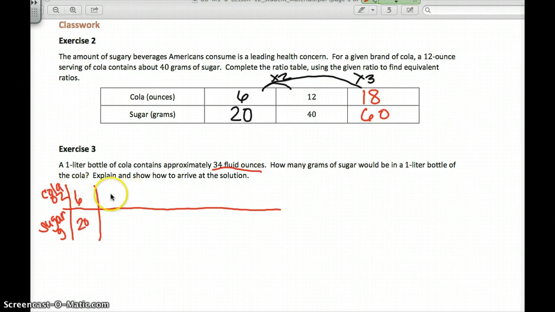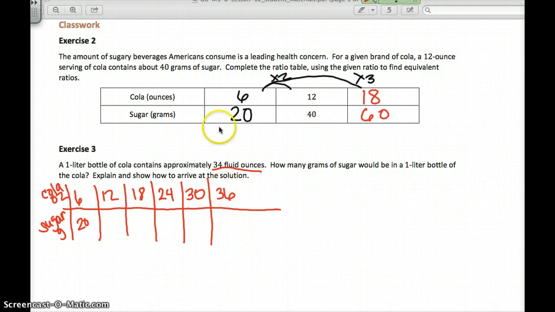All right, so I'm going to just do the top. 6, 12, 18, 24, counting by 6s, 30, and 36, because we need to go to 34. All right, so I'm going to stop there, but I could keep going.